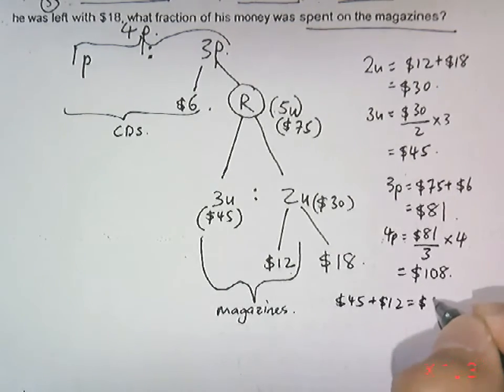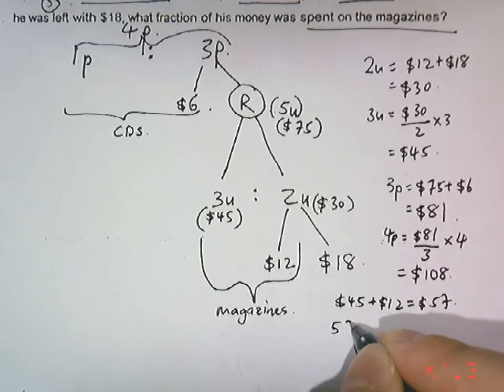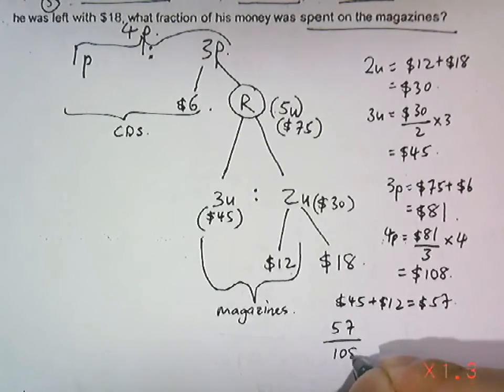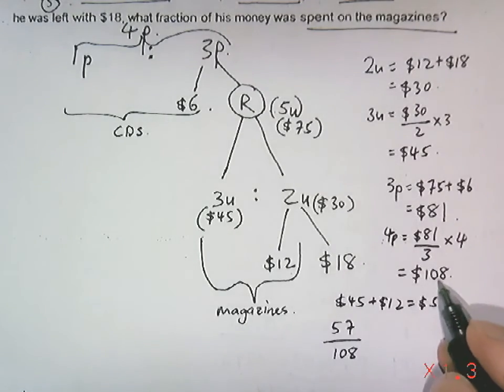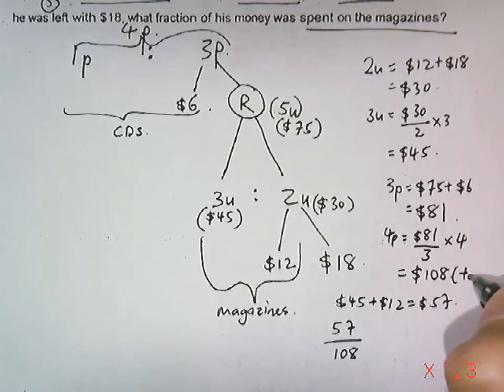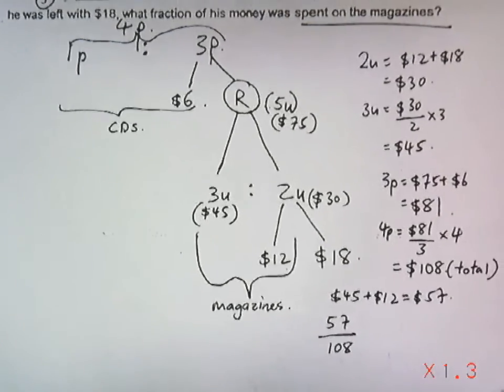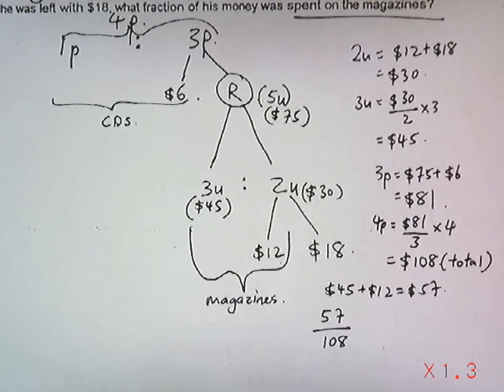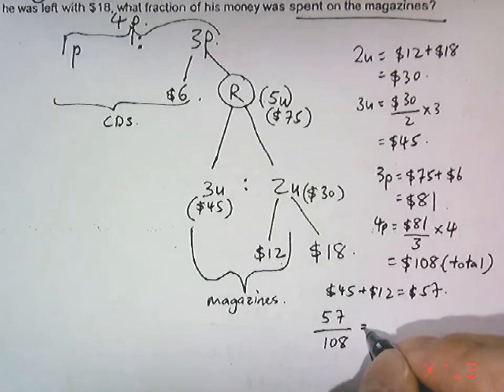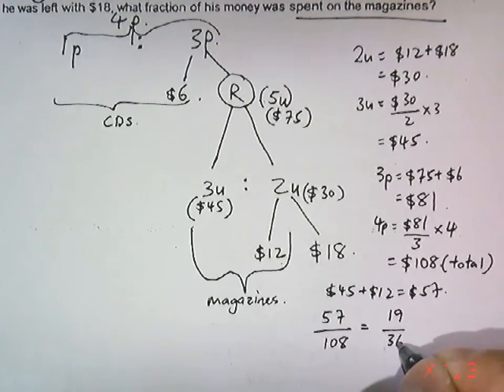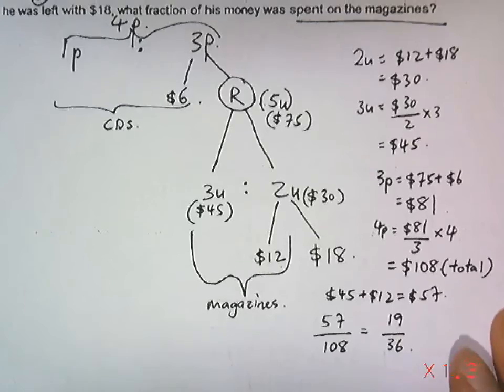That gives us $57. And then the fraction will be 57 out of the total $108. So this is the total. Then to reduce to simplest form, this will give us 19 out of 36. That would be the answer.